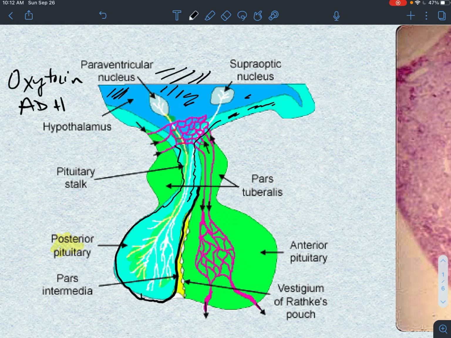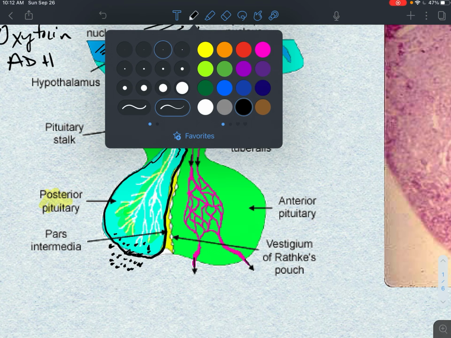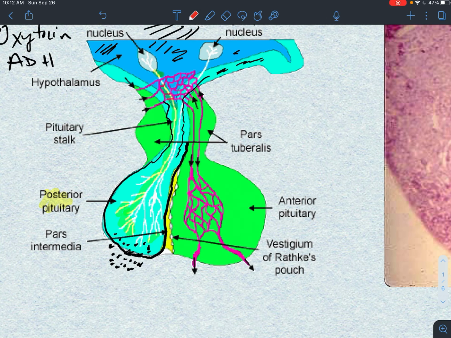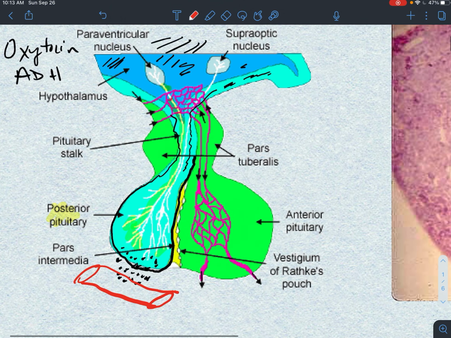And then once they're secreted by the posterior pituitary gland, they make their way into the bloodstream, right? So there would be a blood vessel there to capture those hormones and send them off to go systemic, right? So you imagine a blood vessel here that could then capture those hormones, the oxytocin and the vasopressin, and then those hormones would then go systemic.